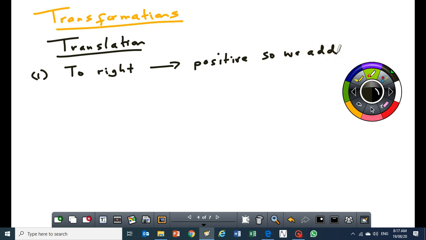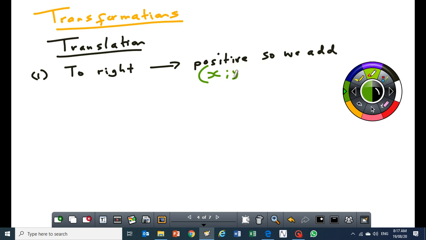For example, if I say point X is translated by say K units to the right, is our translation rule. Our translation rule, we are starting from X. Let me call this one XY.